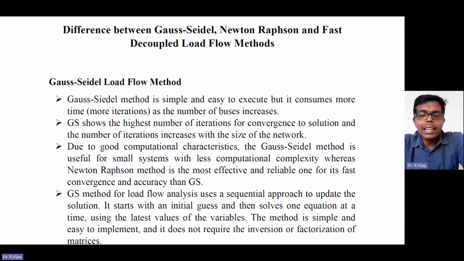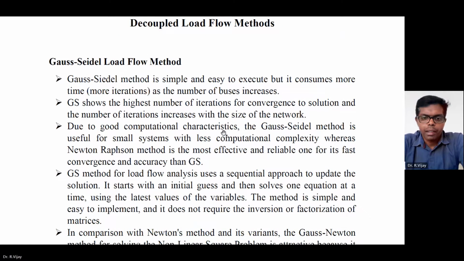Whereas the Newton Raphson method is the most efficient and reliable one, with faster convergence and better accuracy than the Gauss-Seidel method. So the Newton Raphson method will be a more efficient algorithm, and also more reliable and faster in convergence compared to the Gauss-Seidel method.